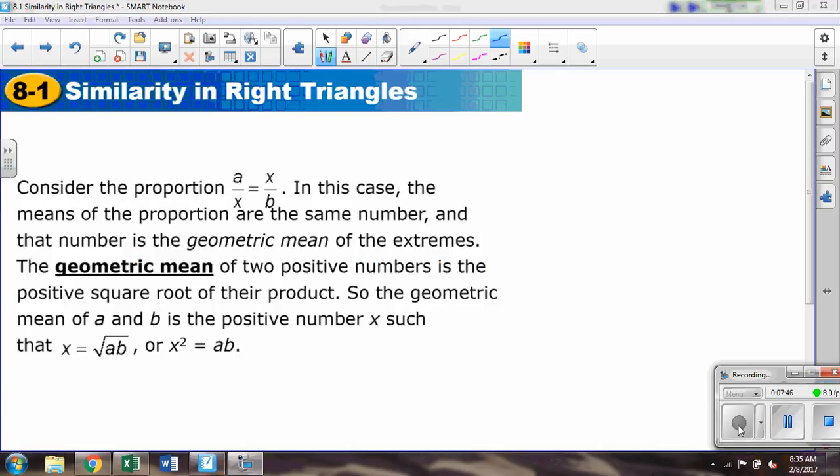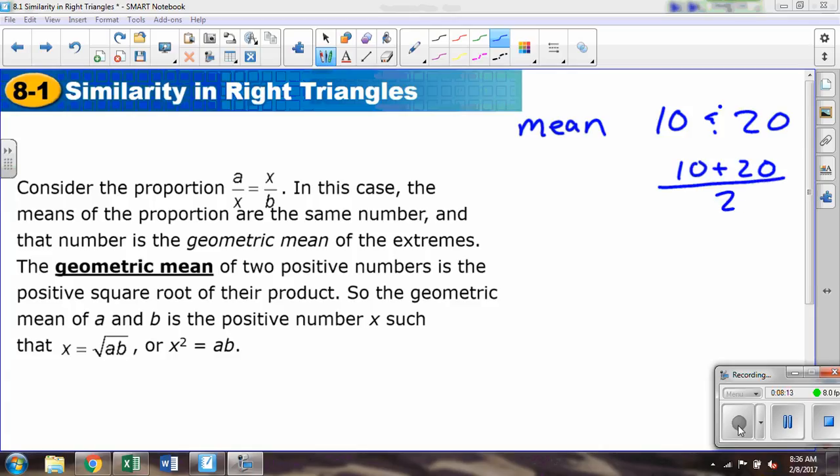There is a piece of vocabulary that actually gets used with this type of picture. And of course, you can just read and see that it's the geometric mean. In your earlier classes, you would have seen that the mean of two numbers, say 10 and 20, in those instances, the mean back then would have meant you add them up and you divide by 2.